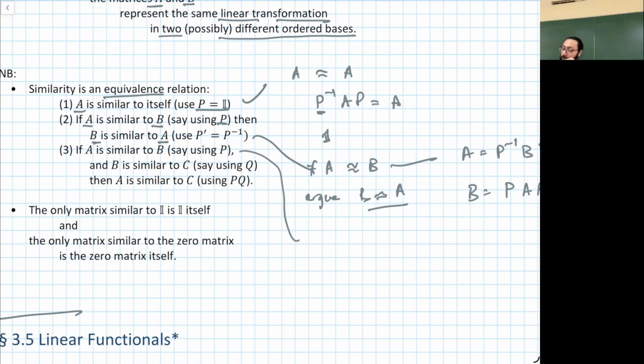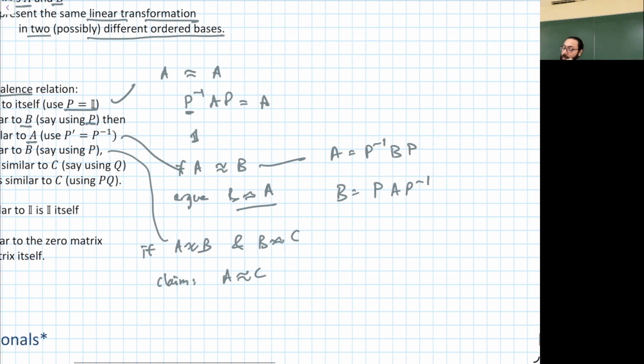The last step is saying if A is similar to B, and B is similar to C, it's claiming that A is similar to C. How do we see this? A is similar to B, we can write it as P inverse BP. This is fine. And then B we can write as say P bar inverse, let's call it Q actually, it's easier, C. Is that okay?